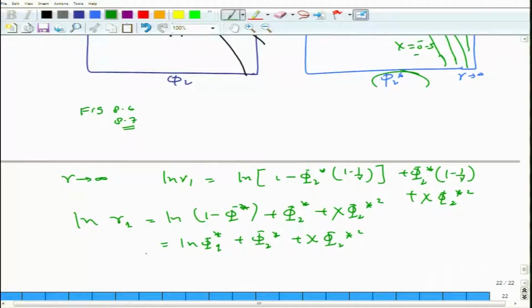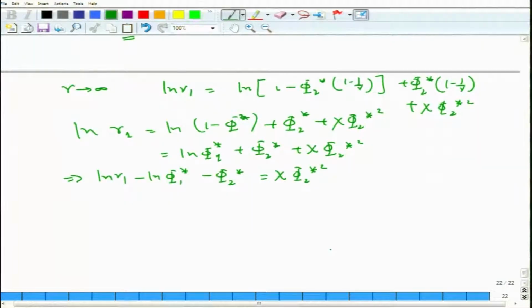Okay. So, this would mean that ln gamma 1 minus ln phi 1 star minus phi 2 star is chi phi 2 star squared. Okay, and now I can divide by phi 2 squared here.